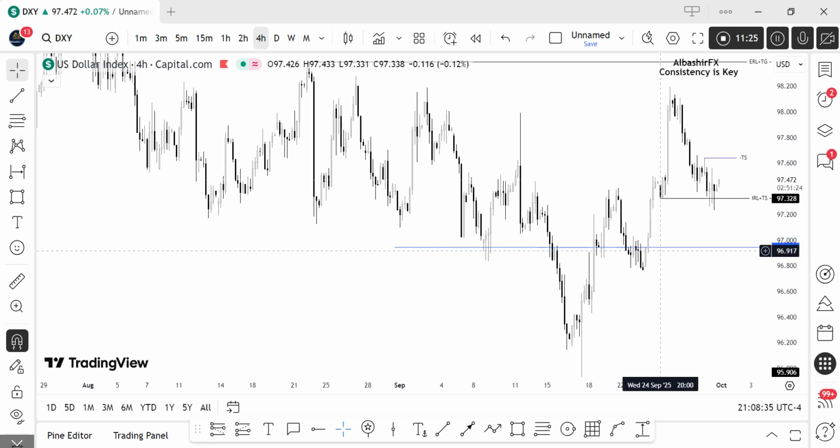Or within this blue line to the current day low, which is the Tuesday candle low. But we need to see a higher time frame turtle soup that is in reverse to the higher time frame directional bias. So on that note, we stop here and go to the Euro US dollar.